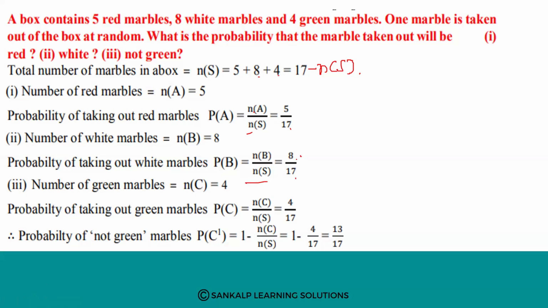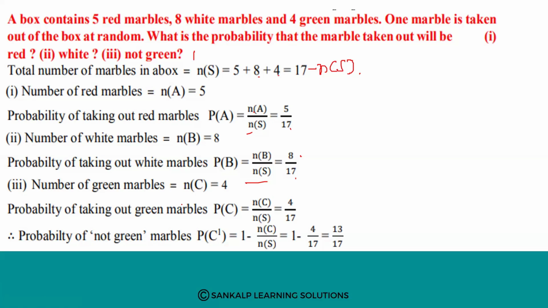Next, the number of green marbles. Here they have asked not green. In order to find the probability of not green, first we should find the number of green marbles. The number of green marbles, n of C, is equal to 4. How many green marbles are there? 4 marbles, which I will consider as n of C. So the probability of taking out a green marble, P of C, is n of C divided by n of S. n of C is 4, n of S is 17.